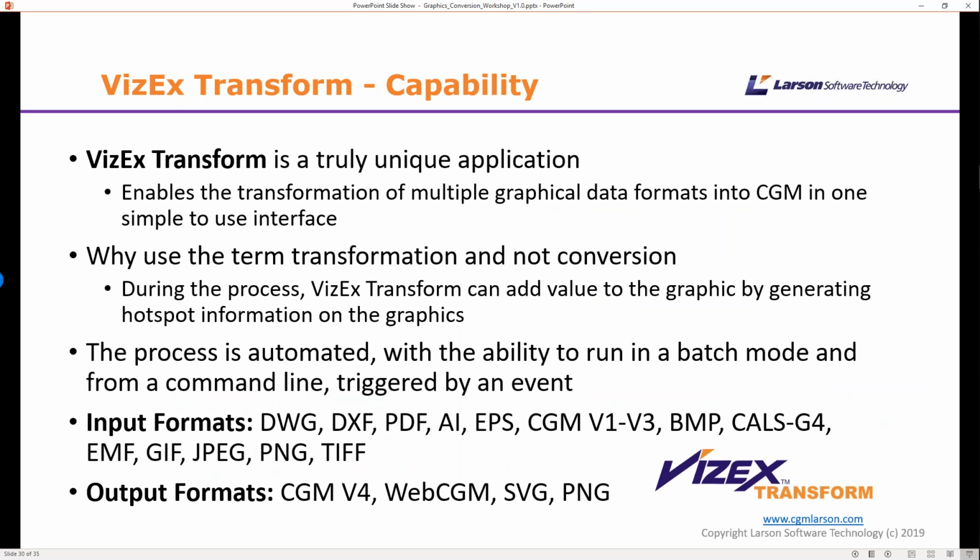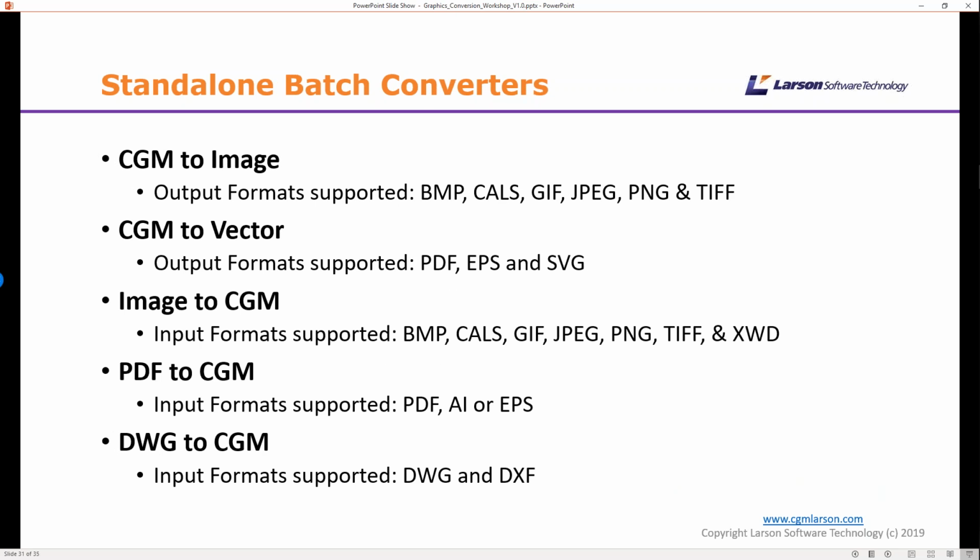VisX Transform is a multi-format converter. Bit too probably involved to show everything today, but you can see it actually supports a lot of different formats in there, and it also does auto hotspotting of the files. And then we looked at some of the single batch converters today. We looked at CGM to vector and PDF to CGM.